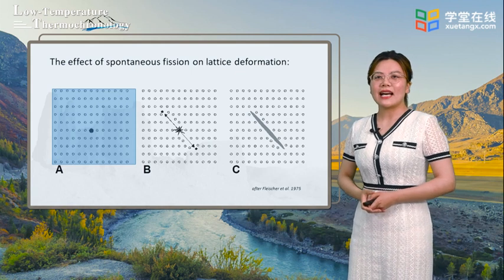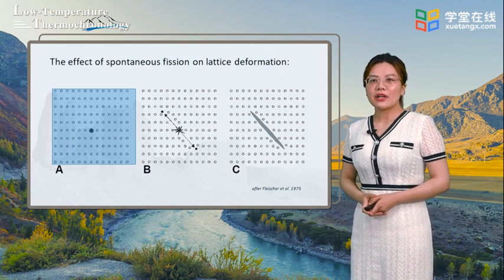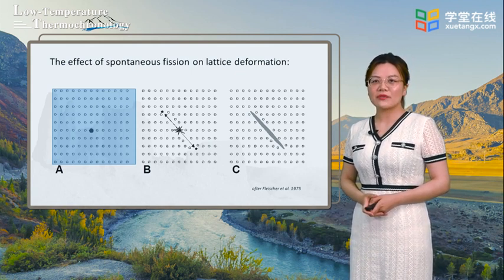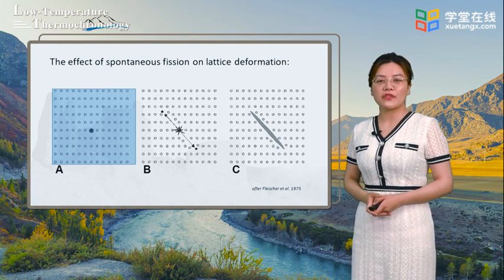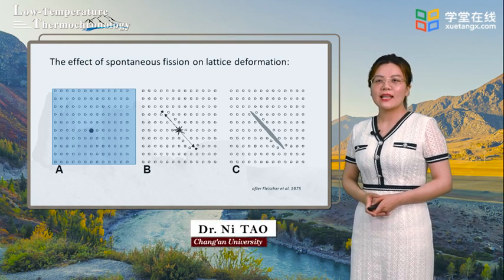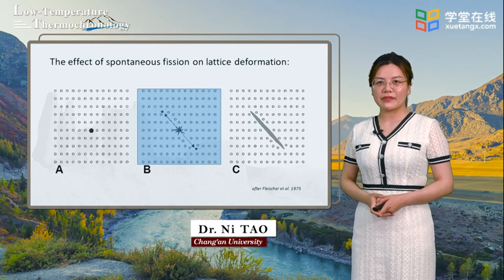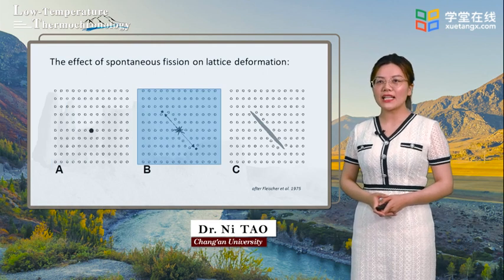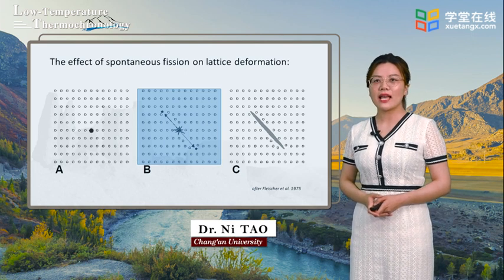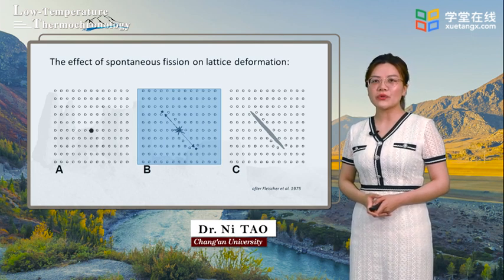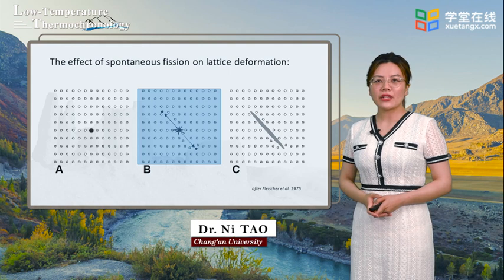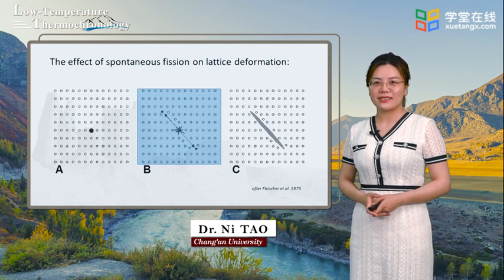And we can see that this is inherently unstable as a result of the atomic structure of uranium-238. In Part B, spontaneous fission of uranium-238 produces two highly charged heavy particles and releases about 200 million electron volts of energy.